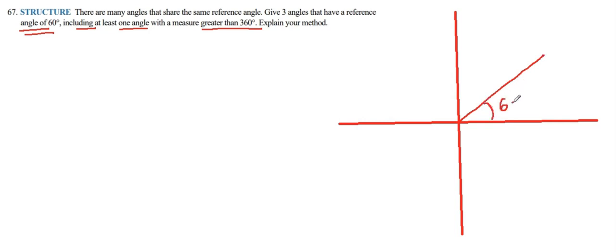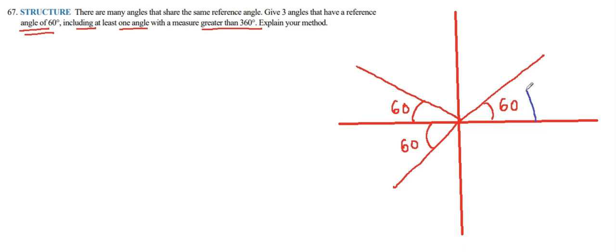Theta is 60 degrees. Where else is the 60 degrees? 60 degrees is also here. Another angle has 60 degrees. First you have to try where 60 degrees can be possible. So I'm going to start from the beginning.